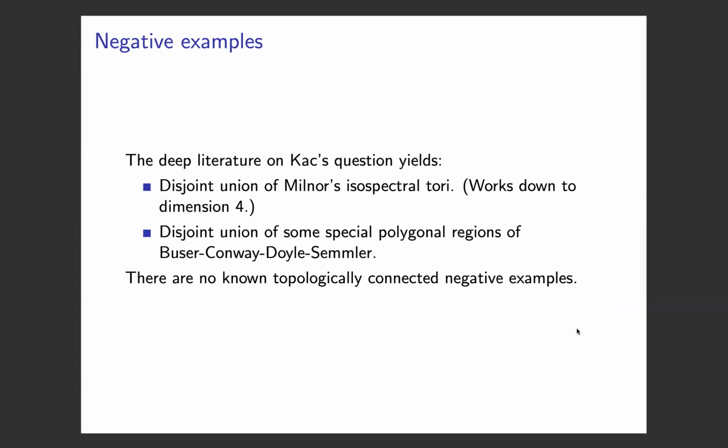Before getting into that, let's talk about some negative examples. This is not stated as a conjecture because it simply isn't true for some examples. Like mentioned before, there's a very deep literature on Kac's question, can one hear the shape of a drum, which, of course, Carolyn Gordon is a part of.